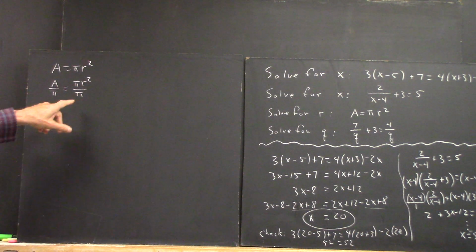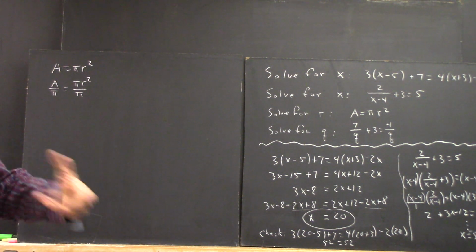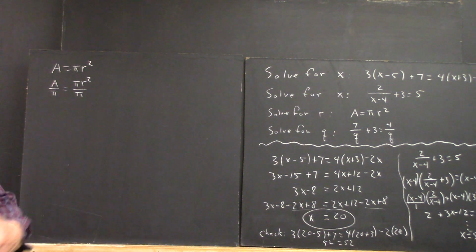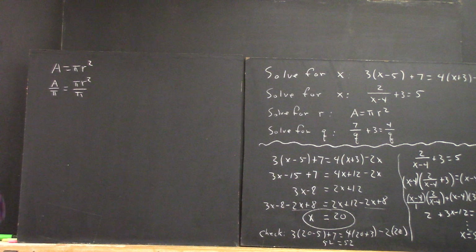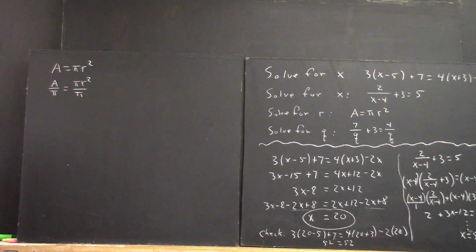And that's safe because pi isn't 0. If we divide by a variable, we've got to make note of the values of that variable that would make it 0, whatever we're dividing by. The values of the variable that would make whatever we're dividing by equal to 0.